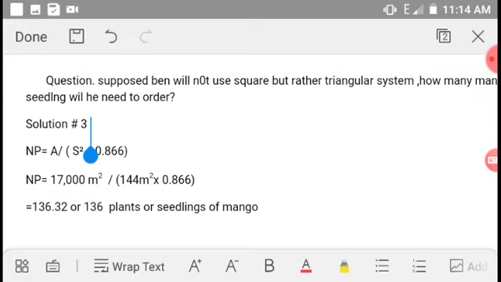Pag kinumpute na natin siya, ang ibibigay niya sa atin ay 136.32 or 136 plants. Kasi nga dun sa rule of rounding numbers, 1 to 4, stay as it is lang yung whole number natin. Yung 5 to 9, magpa-plus 1 tayo sa whole number. So, 136 plants lang of seedlings of mango in the triangular system.